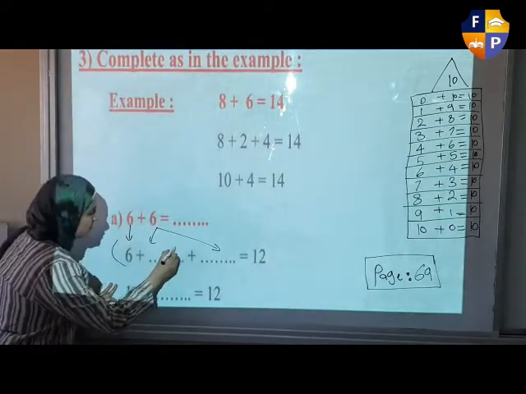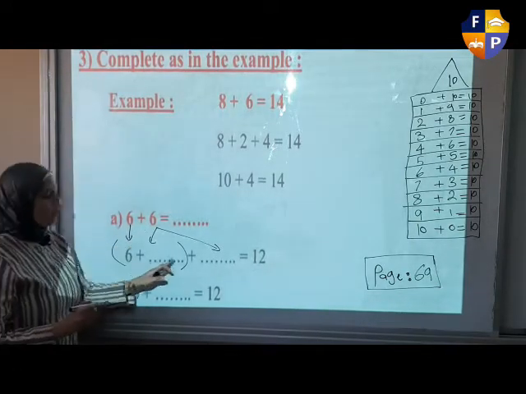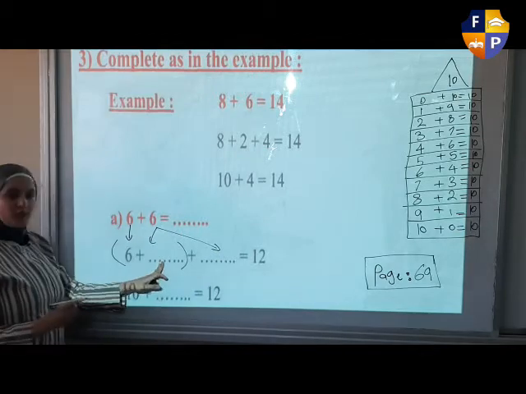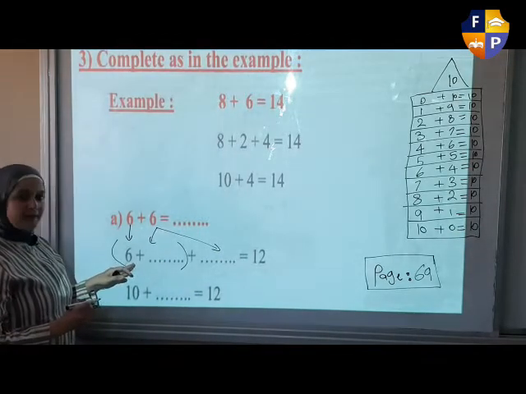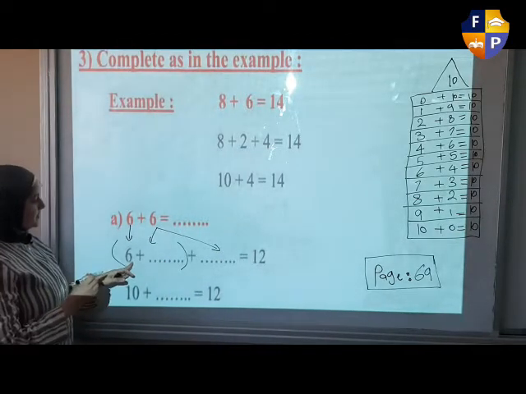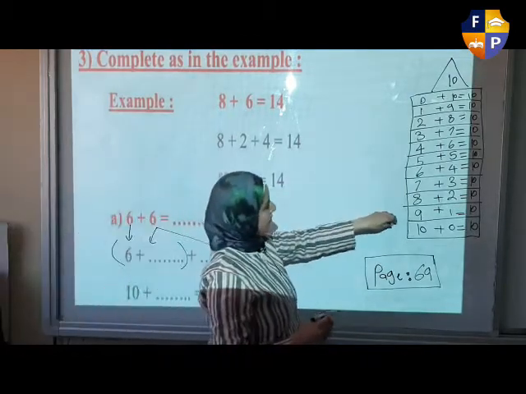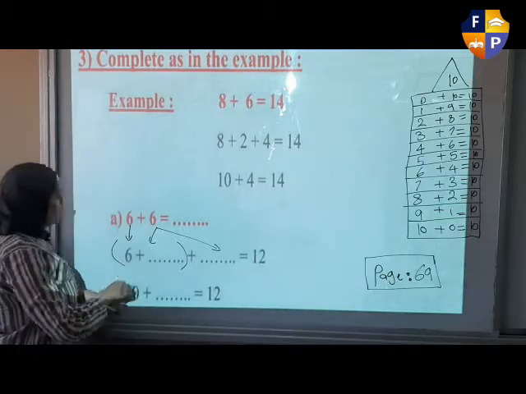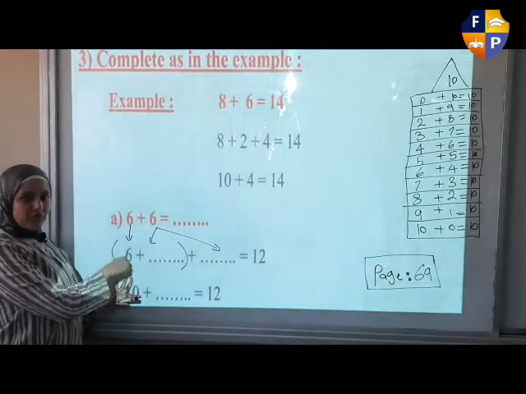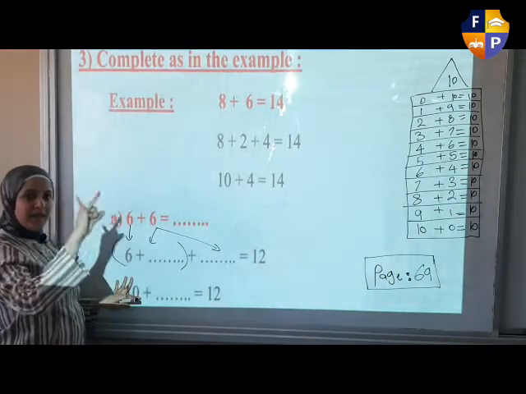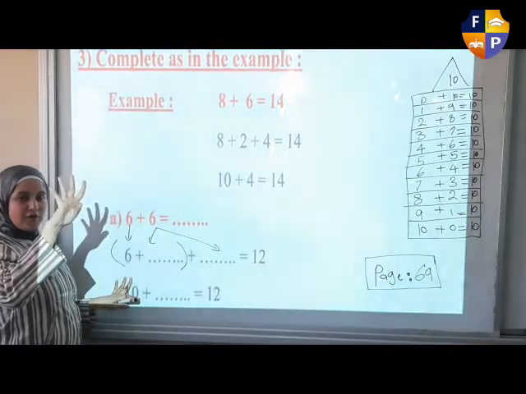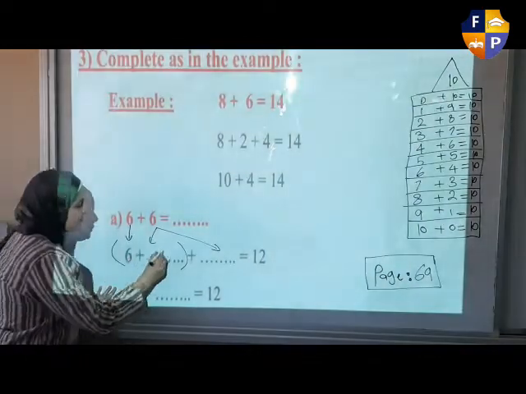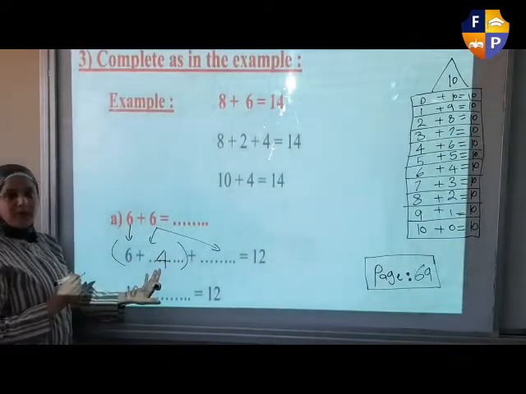One part of 6 will make 10 with the first 6. The neighbor of 6 is 4: if I count after 6 to reach 10, 7, 8, 9, 10, they are 4. So 6 plus 4 makes 10.